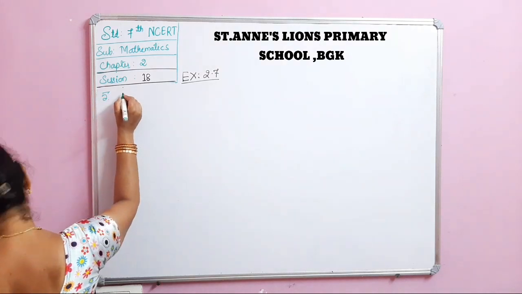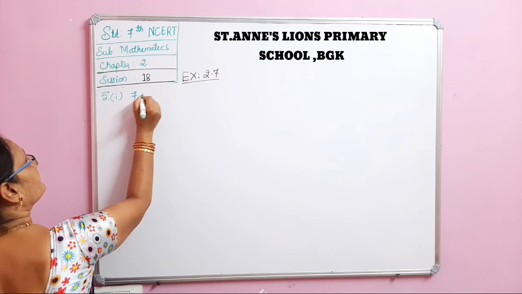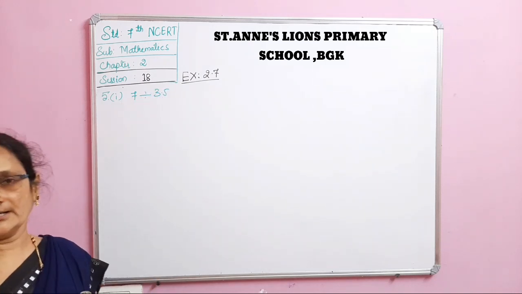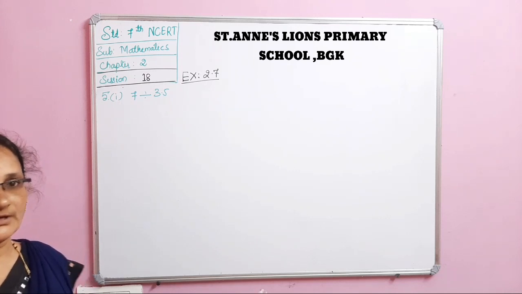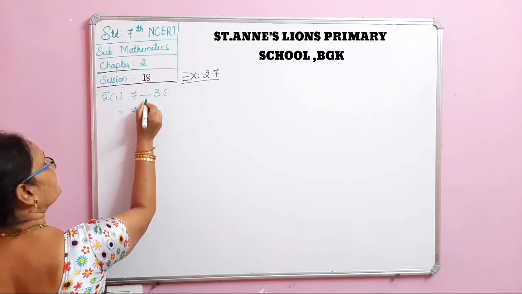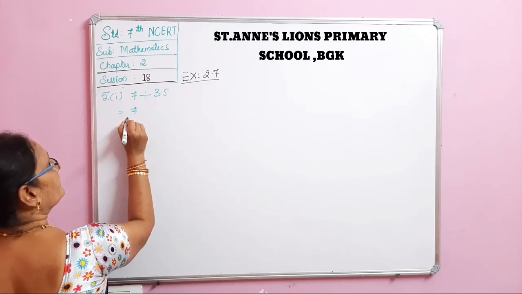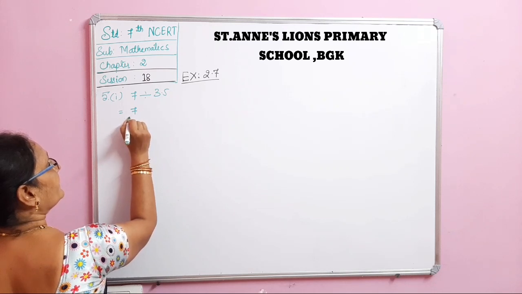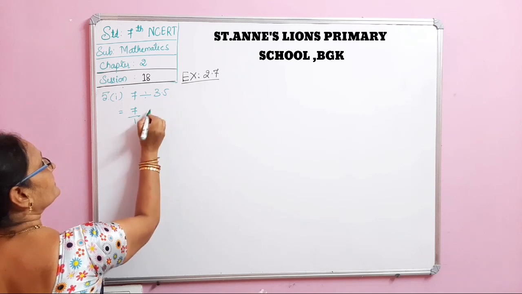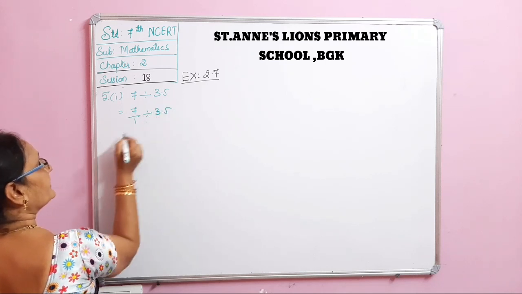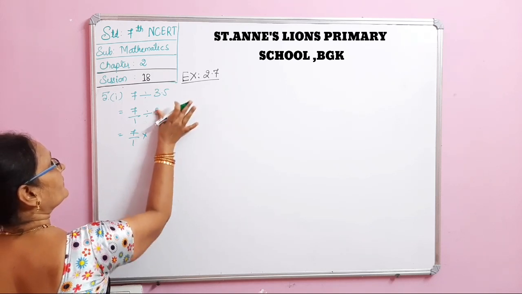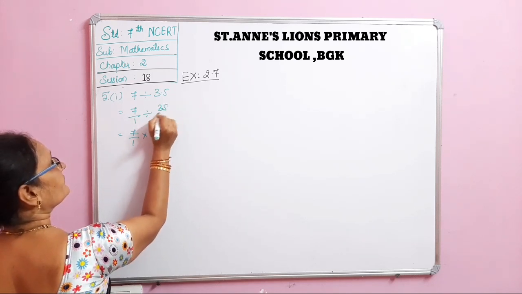Fifth main, first one, 7 divided by 3.5, whole number by decimal. 7 by 1 into 3.5 can be written as 35 by 10.